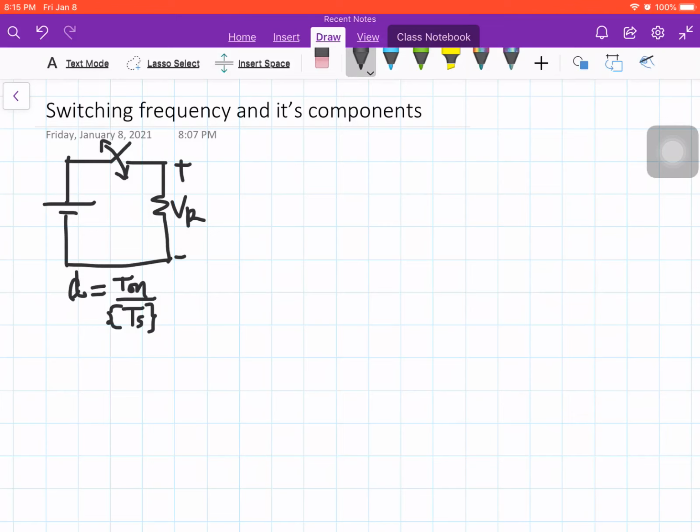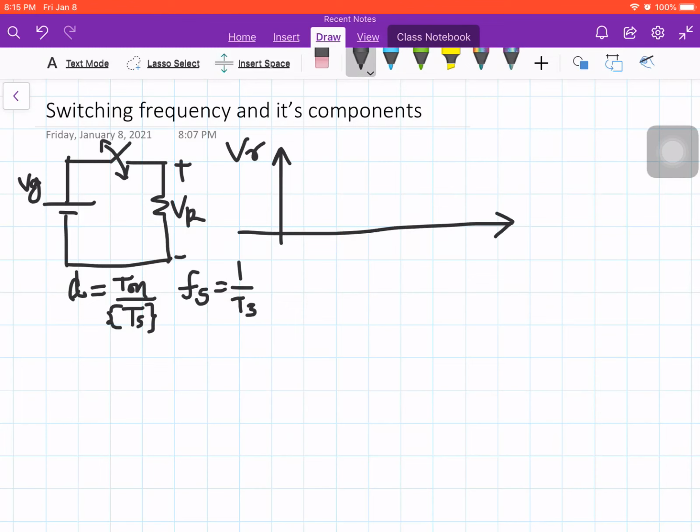So that gives us what? The switching frequency. We define switching frequency as 1 by Ts. Now when I switch this circuit, what would I expect across VR?